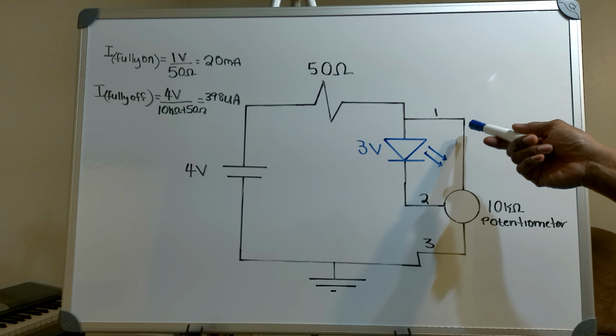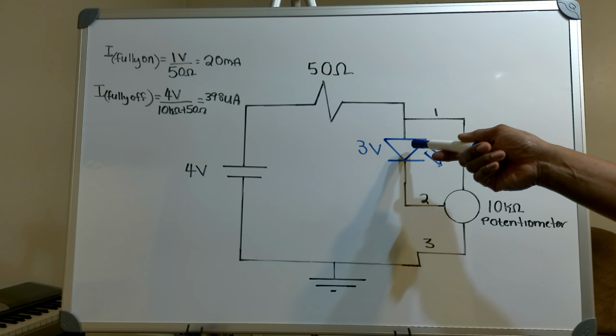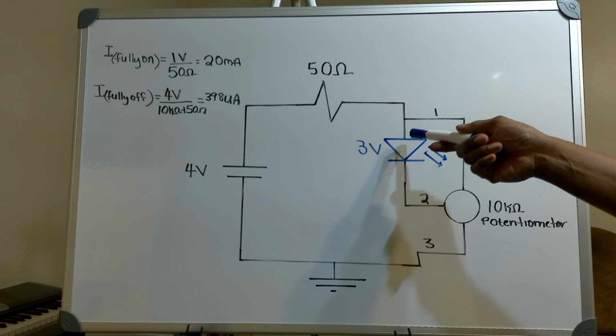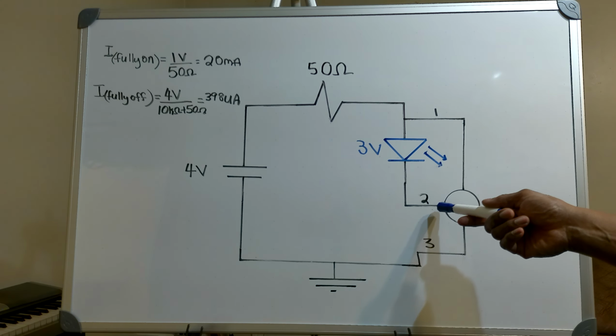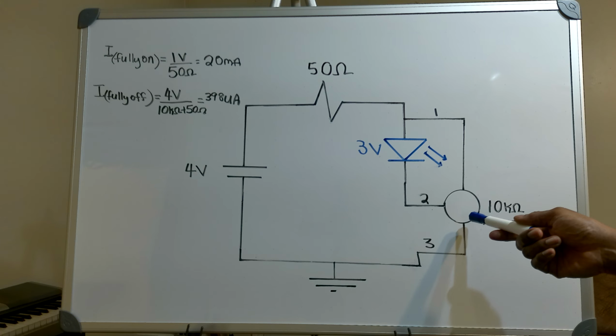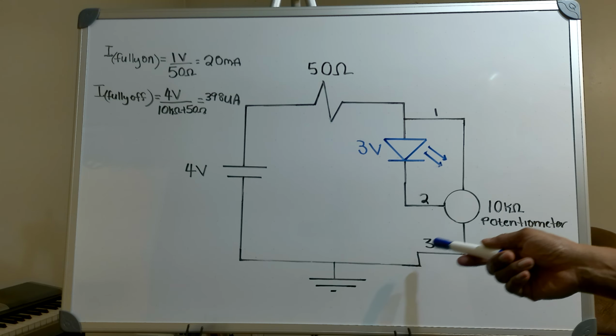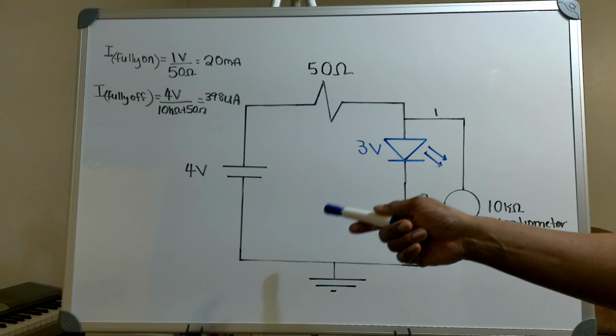Pin number 1 on my potentiometer is on the anode of the LED. Pin number 2 is on the cathode, and pin number 3 is on the negative side of my voltage source.